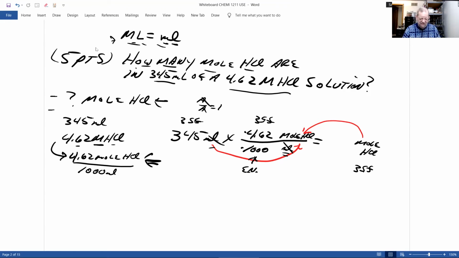And now I can pick up my calculator, clear it, and my calculator gives me this number. 1.539 times 10 to the 0 power.